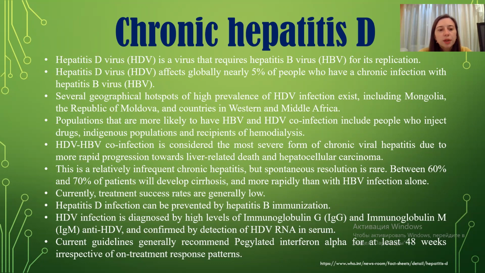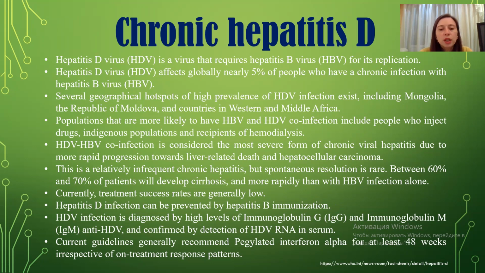Between 60% and 70% will develop cirrhosis and more rapidly than with HBV infection. Currently, treatment success rate is generally low. Hepatitis D infection can be prevented by hepatitis B immunization.